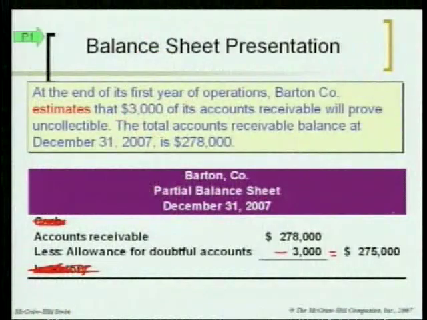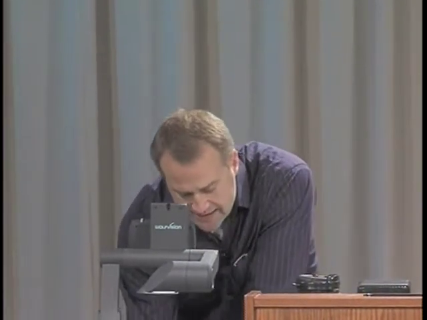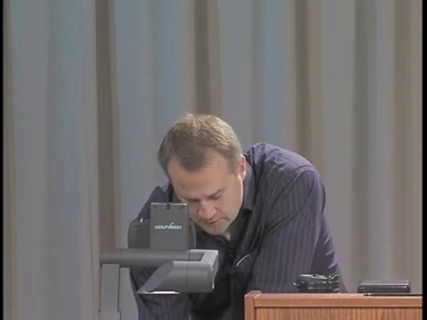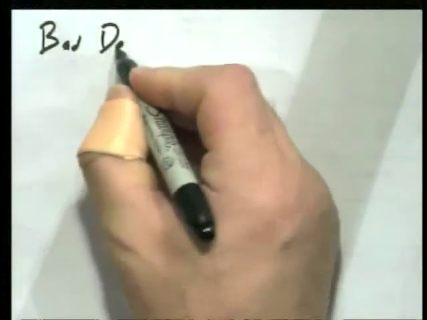So under the allowance method, when we make our journal entry to estimate bad debt expense, the journal entry will be this entry.